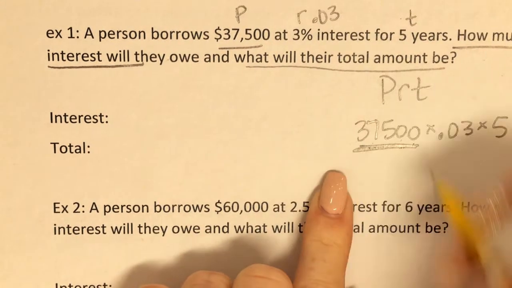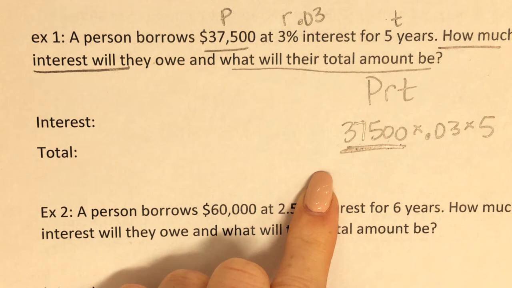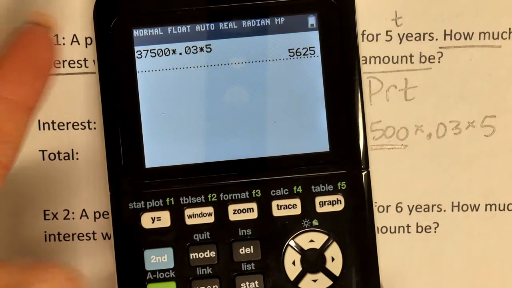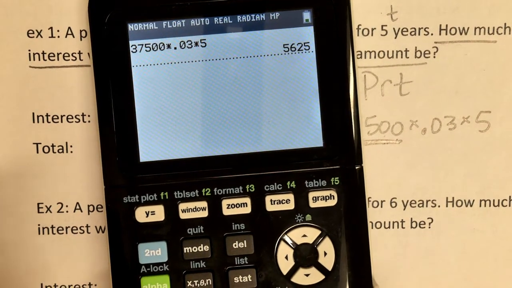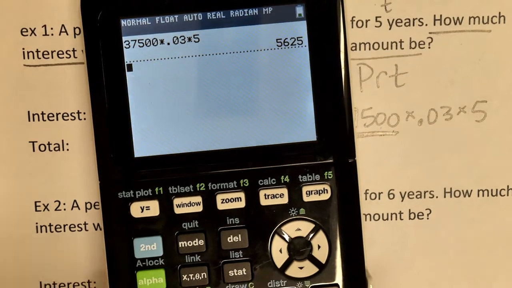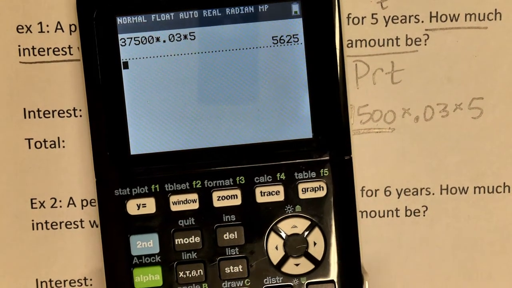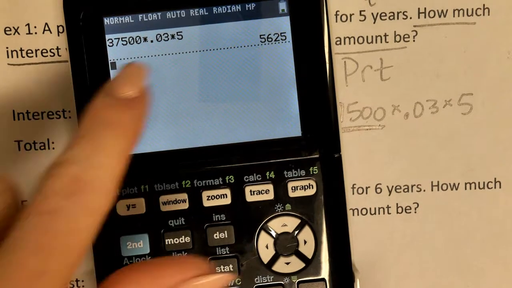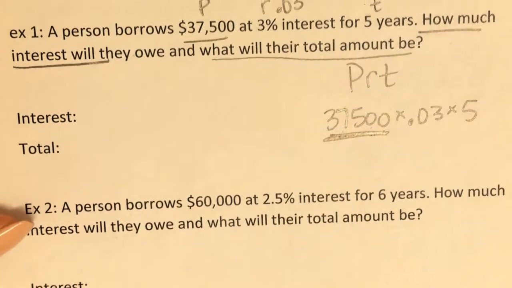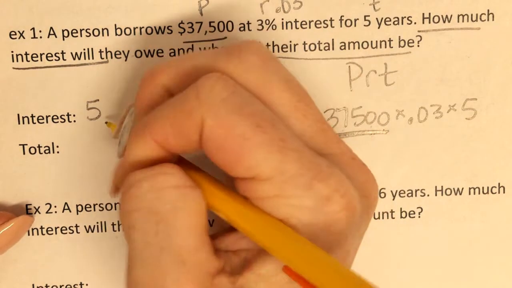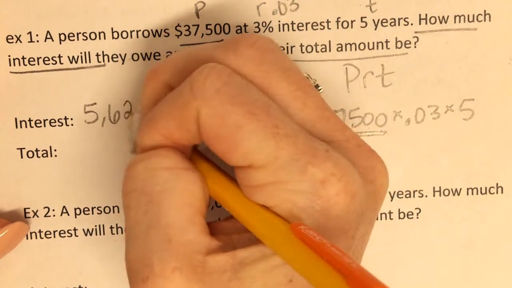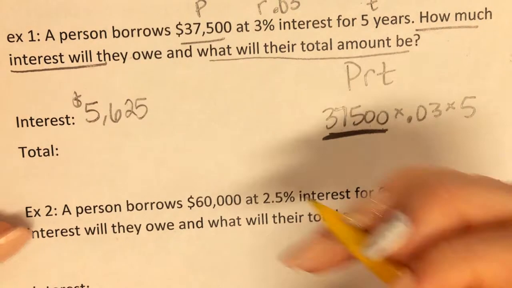This is how much money I'm borrowing. I'm obviously not going to pay back $5,625 total. If I borrow $37,500, I have to pay that back. This is the fee they're charging. So my interest is $5,625.